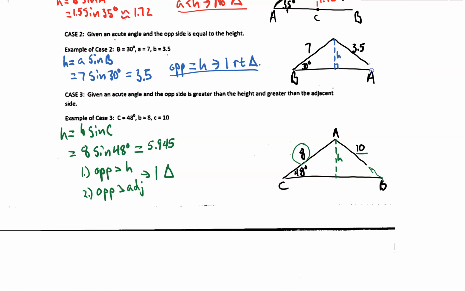Here it made 1 triangle, a whole right triangle. So hopefully this makes sense. 1 triangle when the opposite side is greater than the height and the opposite side is greater than the adjacent side.